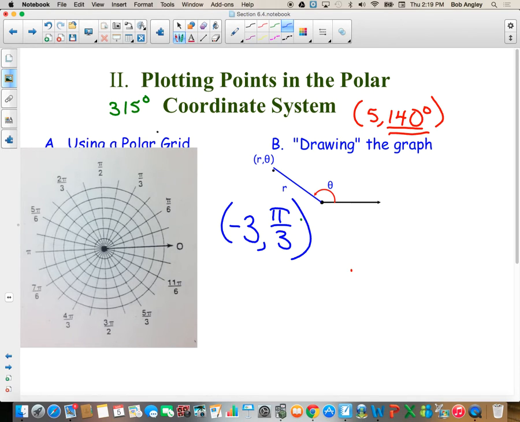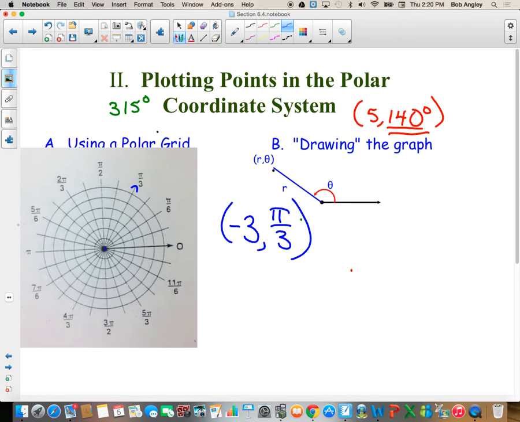Okay. When we're graphing in polar, the angle dictates which of the rays we go to. So we always do that part first. So if I come up here to pi over 3, that's this ray. So I'm just going to put a little arrow on that ray to indicate, okay, we're on that ray. Now, do you see that if I start here at the pole and I start moving on that ray in this direction, those are going to be positive numbers, right?